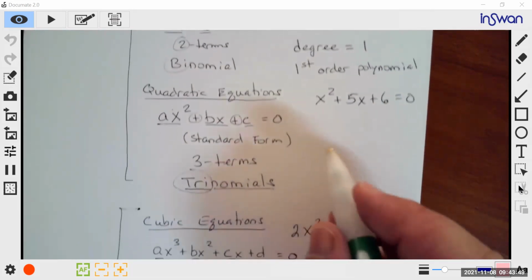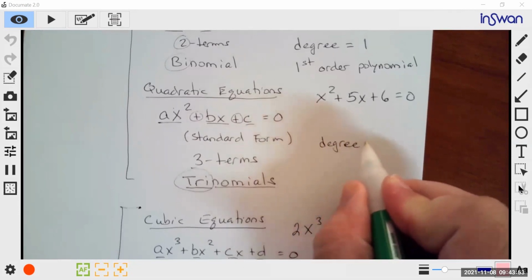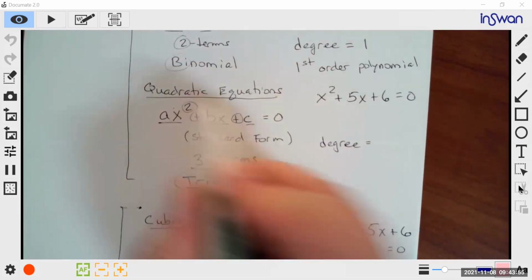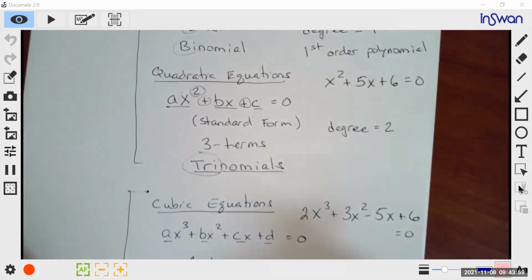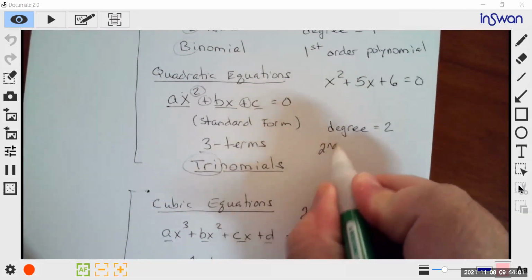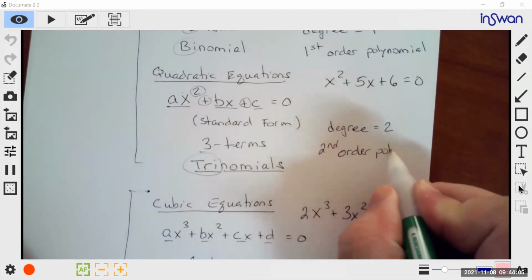How about quadratic? What degree is that? The highest exponent is 2, so it's degree 2. This is called a second order polynomial.